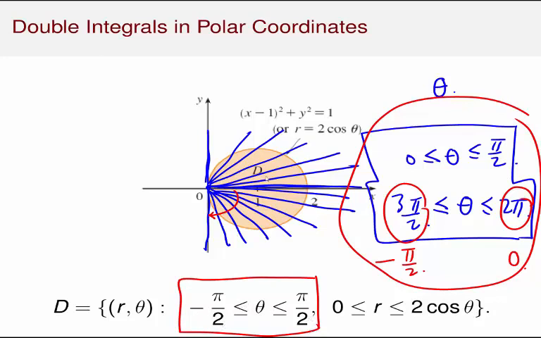Right, next we are going to determine the range for the variable r, which is the distance of our points from the origin.